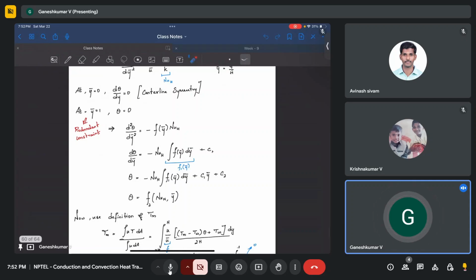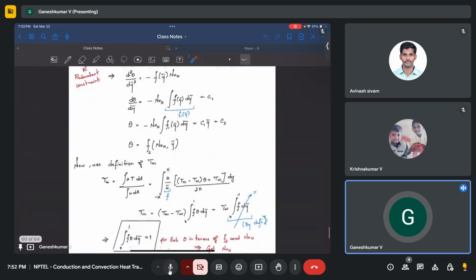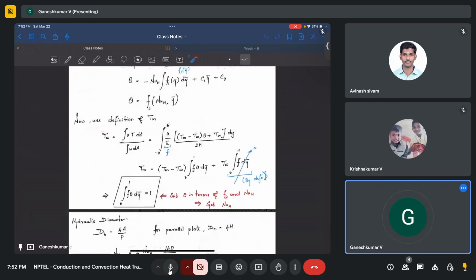That is what we did: we use the definition of Tm. If you perform this calculation, we end up having another constraint: integral of 0 to 1 of f theta dy bar equal to 1. This constraint you need to satisfy to get Nu_h.